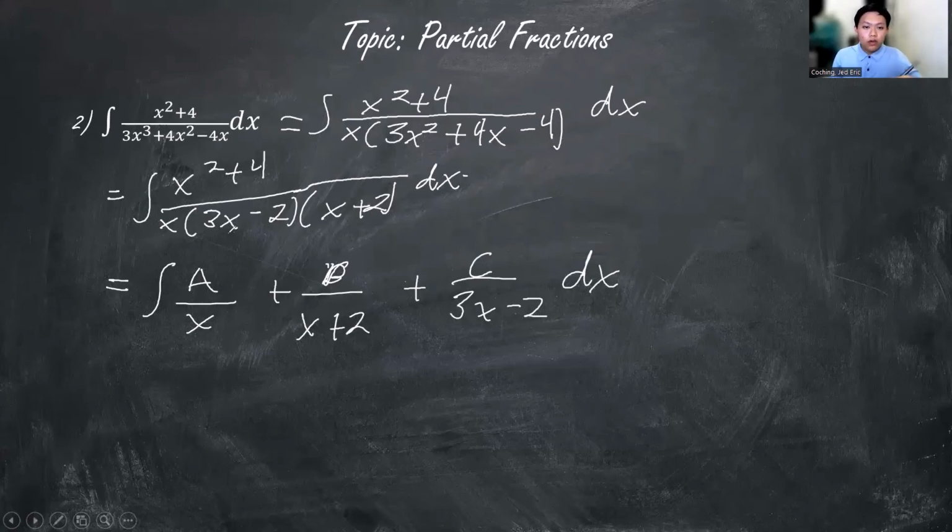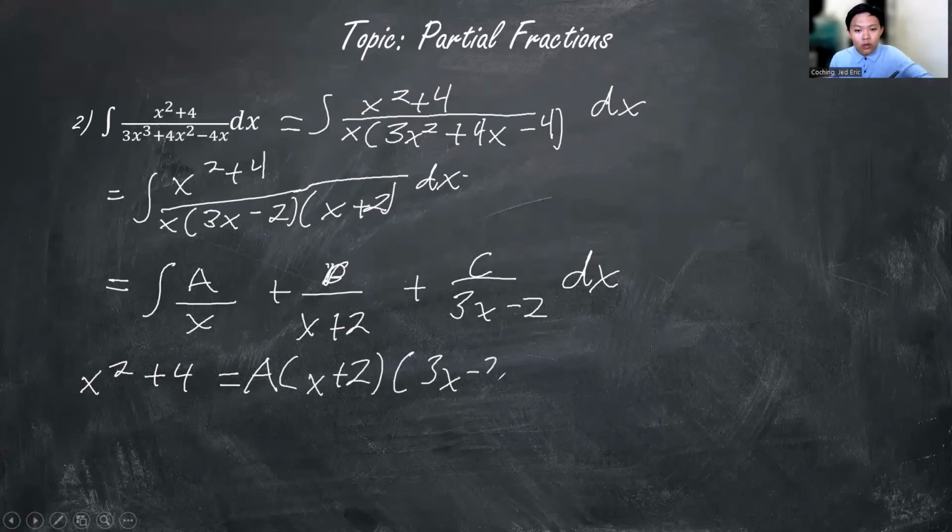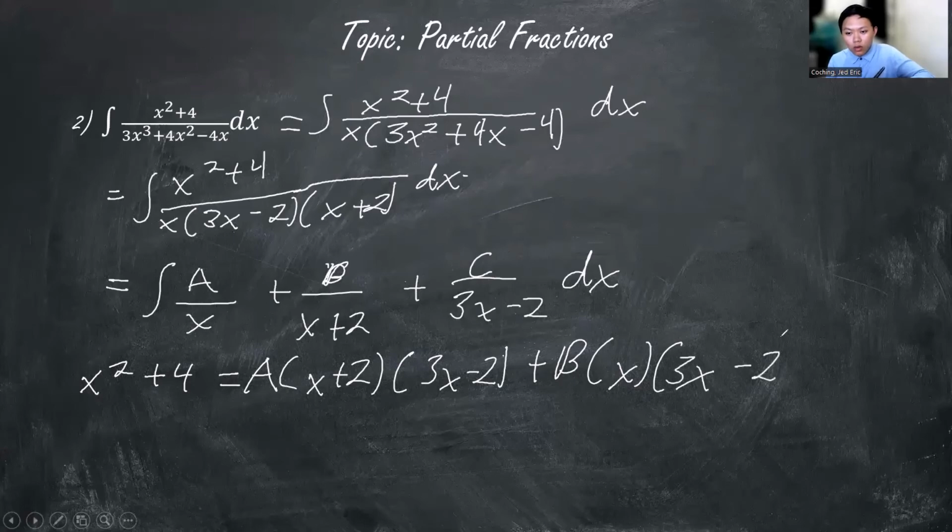And if you remember correctly, using the coefficient method, we will get x squared plus 4 is equal to a times the rest here, so it's going to be x plus 2 times 3x minus 2, plus bx times 3x minus 2, plus c times x plus 2.